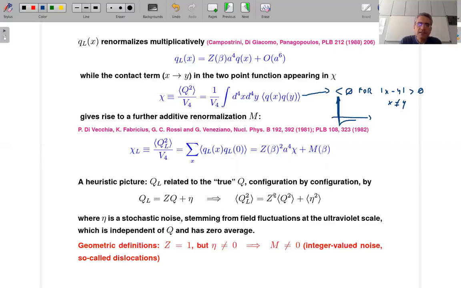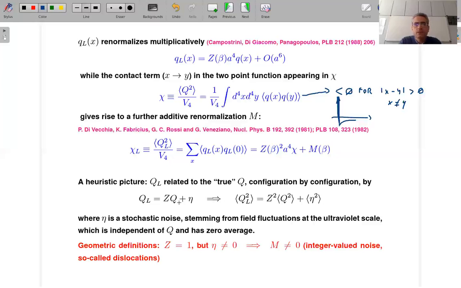And this noise is such that when you take the expectation value of Q_L squared, you have also a further additive renormalization, which comes from this stochastic noise. And this stochastic noise basically stems from the fluctuations of the gauge field at the ultraviolet scale, which is independent of Q and has zero average. And it is this noise that I named eta in this heuristic relation.